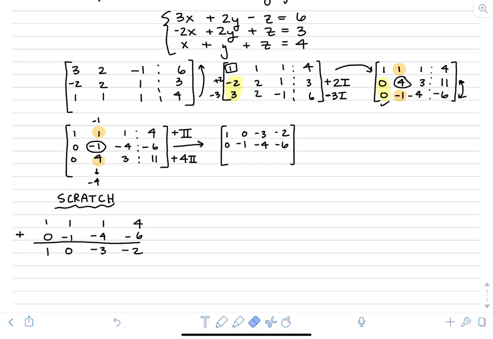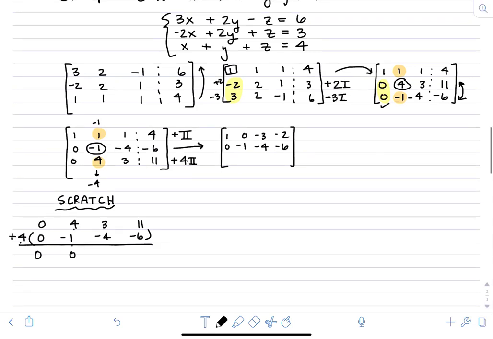Okay, now we need to get a new row 3. So we're taking row 3, which is 0, 4, 3, 11, and we're going to add 4 times equation 2. So equation 2 is 0, negative 1, negative 4, negative 6. Okay, so 0 plus 4 times 0 is 0. 4 plus 4 times negative 1 is 4 minus 4, that's 0. 3 plus 4 times negative 4 is 3 minus 16, so that's negative 13.